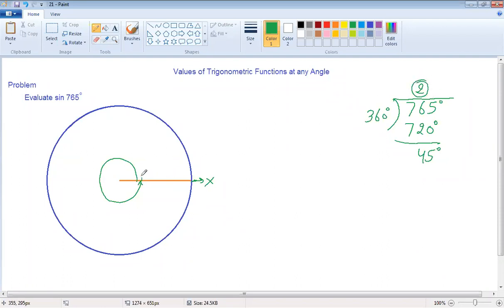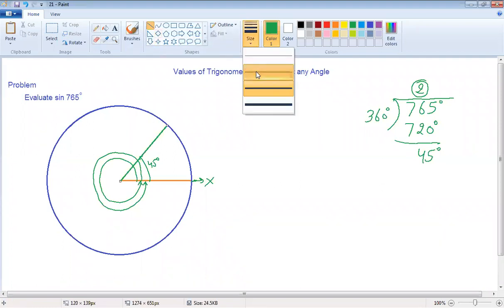So we continue rotating and complete the second rotation as well. After completion of the 2 rotations, we have the remainder 45 degrees. That means rotation will continue till we form an angle of 45 degrees. So here will be the final line, the final position of the rotating object. Suppose this is the point P.